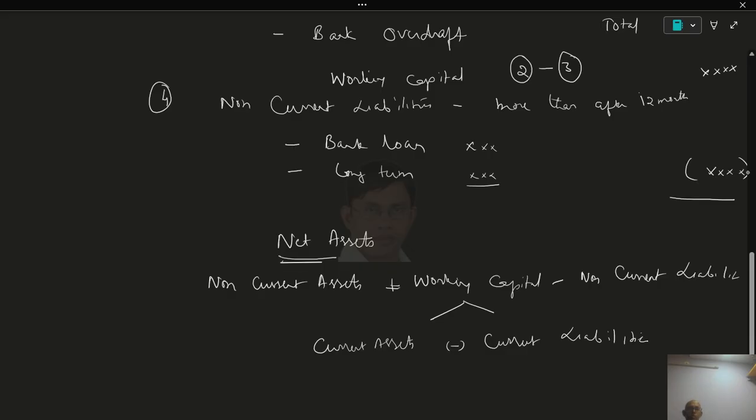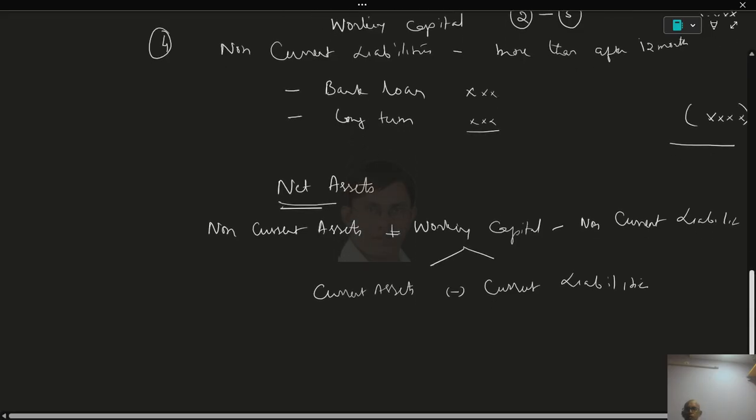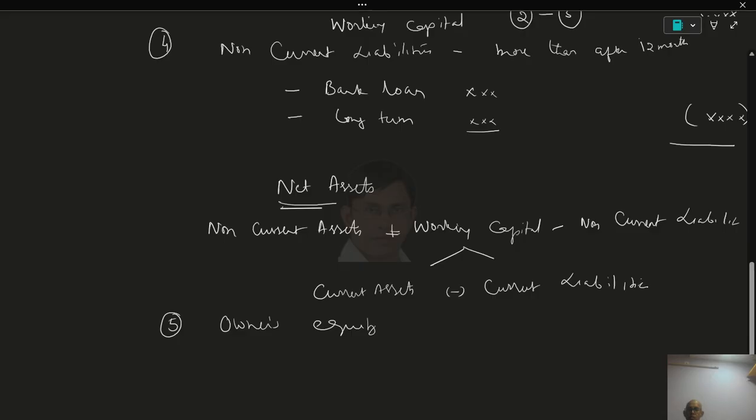So then the fifth item. What is the fifth item? Fifth item is owner's equity. Okay. So what is owner's equity?